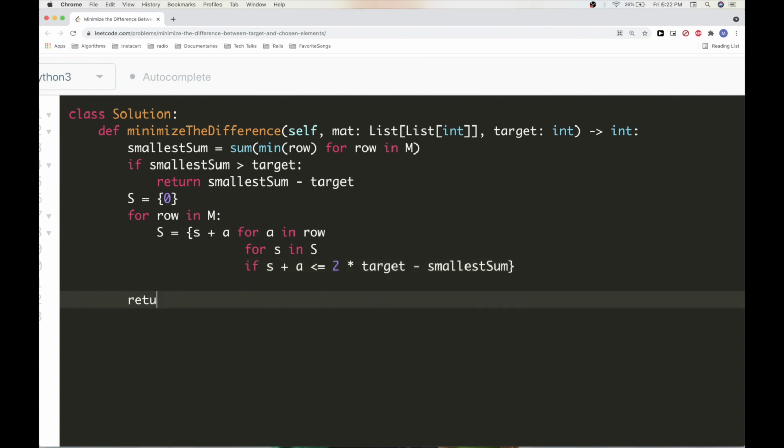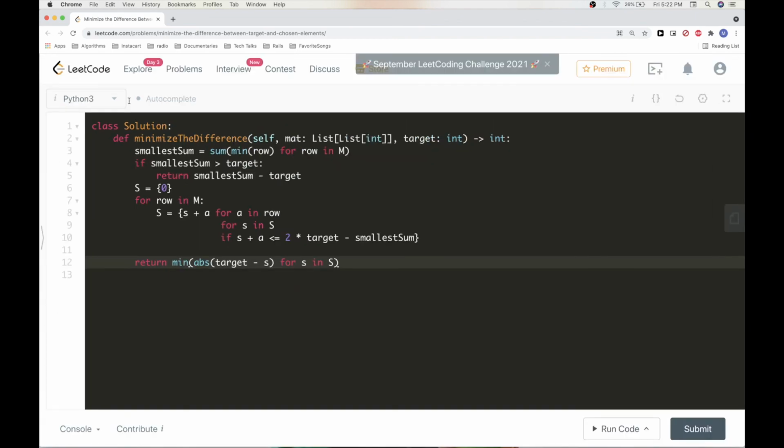And then at the end, we just need to return the minimum that achieves the absolute minimum difference. So that would be the minimum of the difference of target and S, for S in all possible sums. Okay, and that should be it.